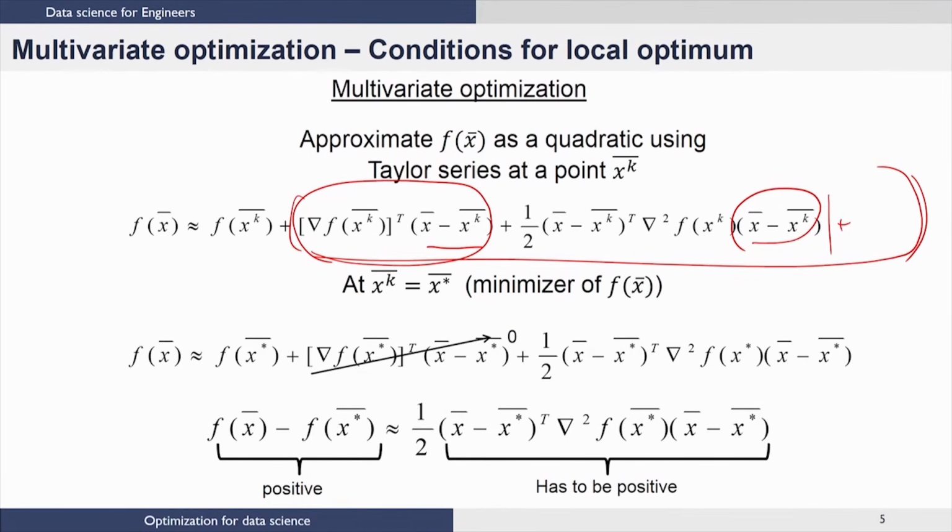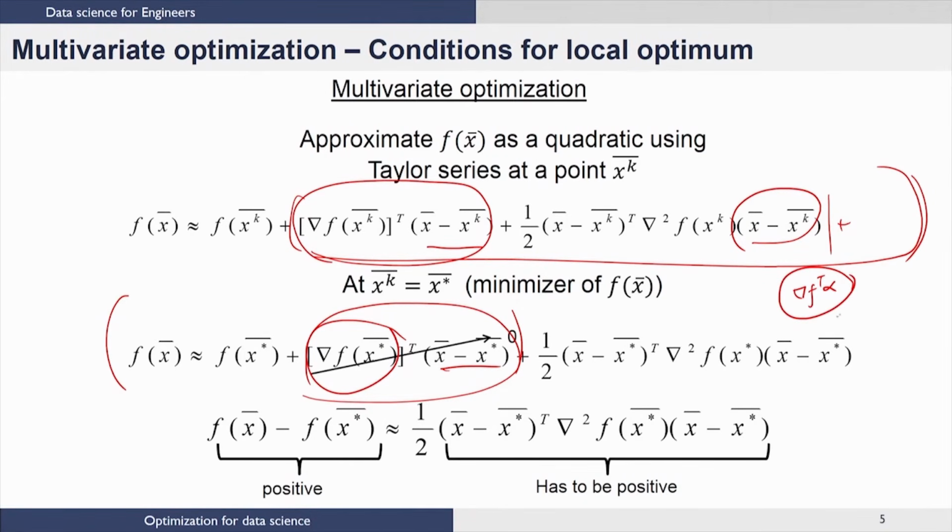Much like before, if I keep making this small, I need to only look at this here, and much like the univariate case, if this does not go to 0, I can make this term either positive or negative. To see this, if I take a particular direction alpha and say ∇f transpose alpha turns out to be negative, then if I go in the opposite direction of minus alpha, this will be positive.